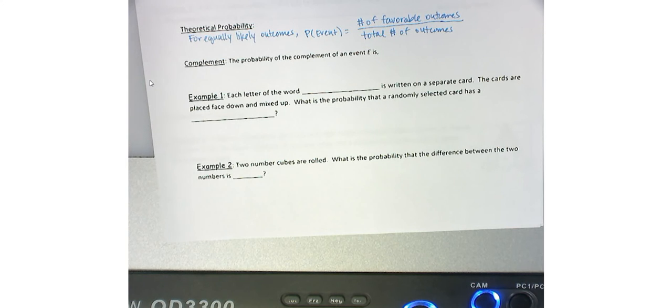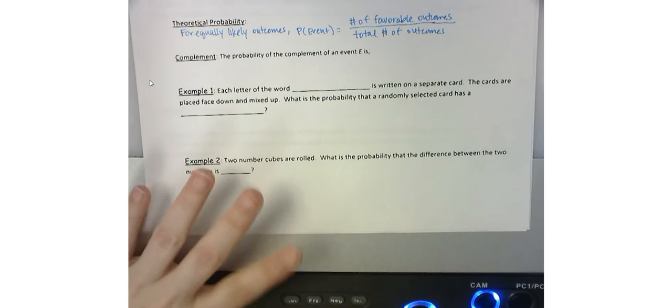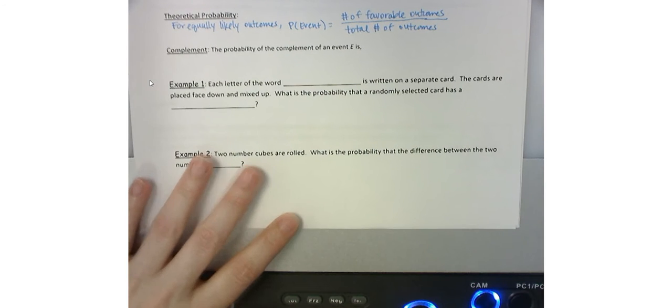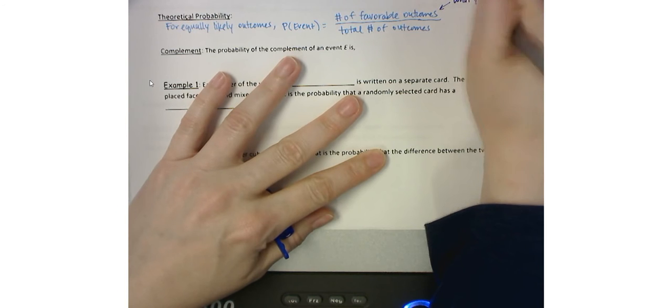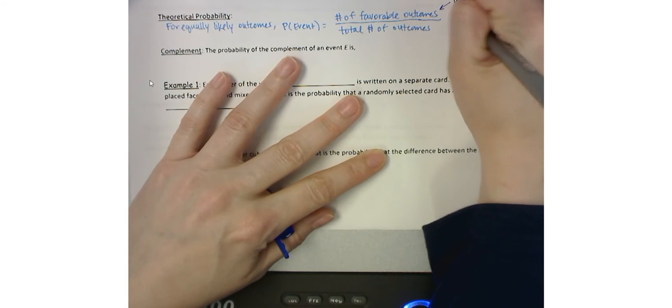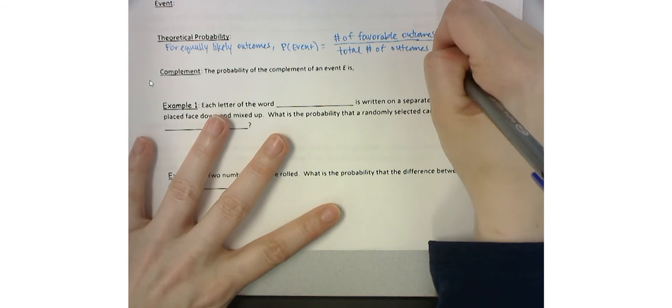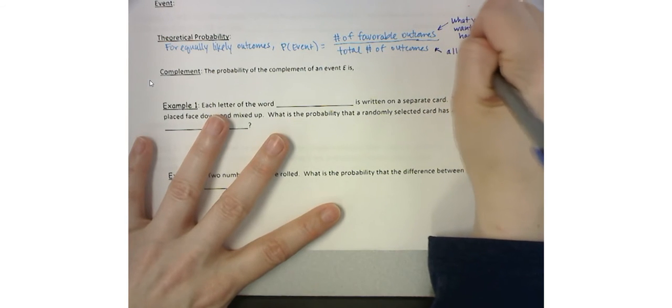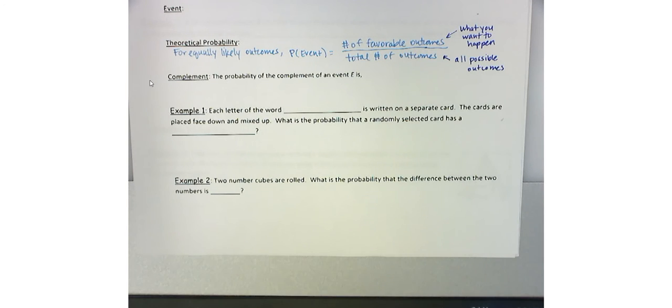The number of favorable outcomes is just what you want to happen, and the total number is all of your possibilities. This is a good rule of thumb to follow: what you want to happen over what could possibly happen. That's the number of outcomes in your sample space.